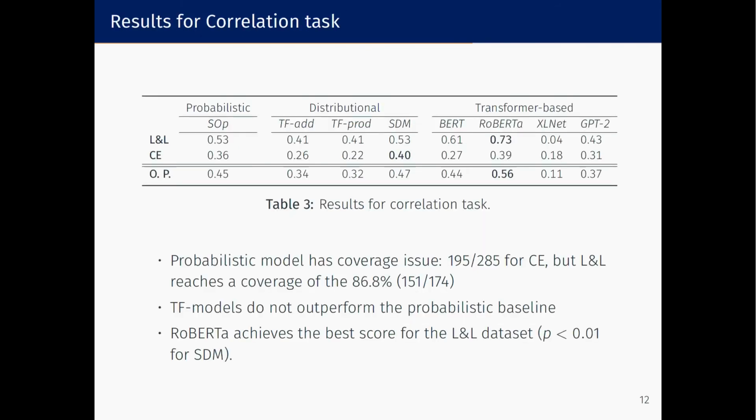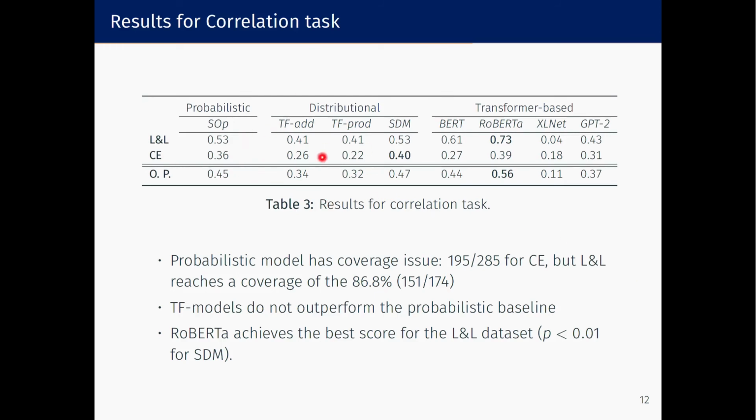Let's now discuss the correlation scores. The probabilistic model still has coverage issues, but it reaches 86% of coverage for the Lapata and Lascarides dataset. Still, the TF model does not outperform the probabilistic baseline.